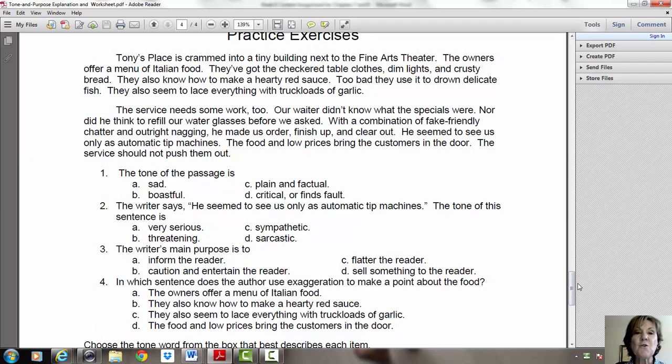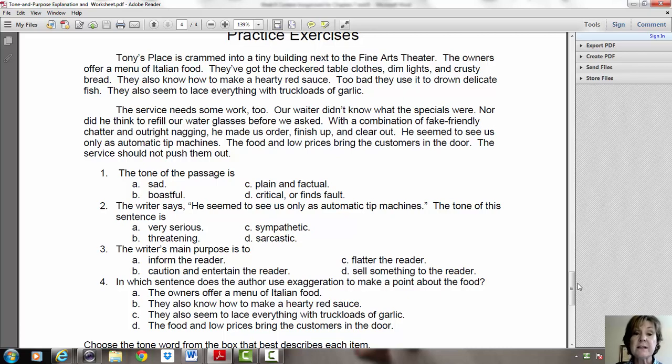Tony's place is crammed into a tiny building next to the Fine Arts Theater. The owners offer a menu of Italian food. They've got checkered tablecloths, dim lights, and crusty bread. They also know how to make a hearty red sauce. Too bad they use it to drown delicate fish. They also seem to lace everything with truckloads of garlic.